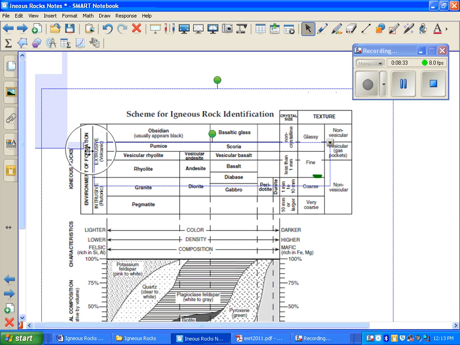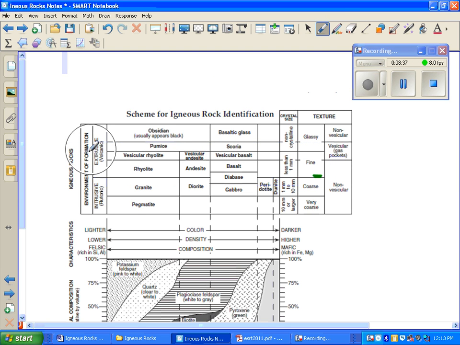Okay, and we said that it had large crystals. So large crystals are here, intrusive, right? It's either coarse or very coarse that has large crystals. So now we've narrowed it down to this section here.